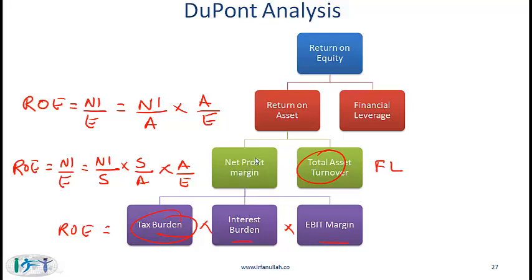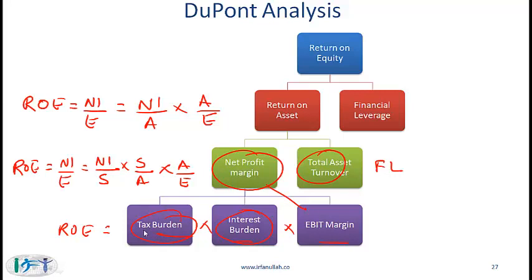So we can look at net profit margin as coming from three sources. One is EBIT margin, which is saying how efficient our operation is. The next is interest burden, which tells us about our finance costs. So if the finance cost is low, then this ratio will be high. And tax burden, which tells us about the tax. If the tax is low, then this ratio will be high.